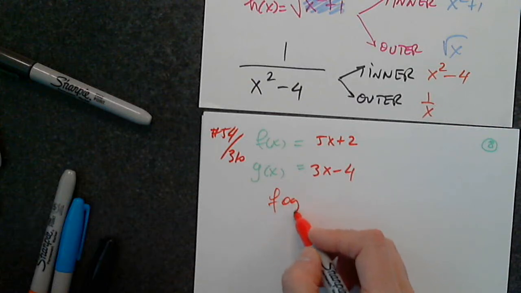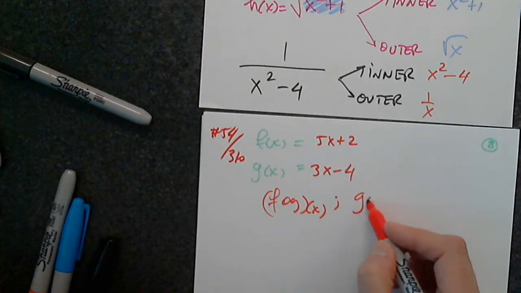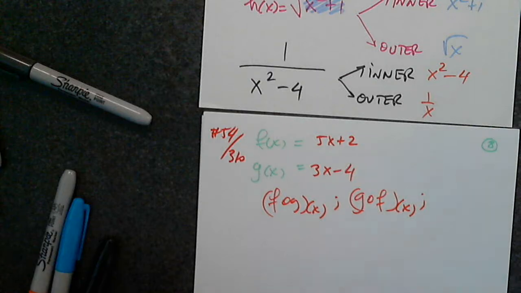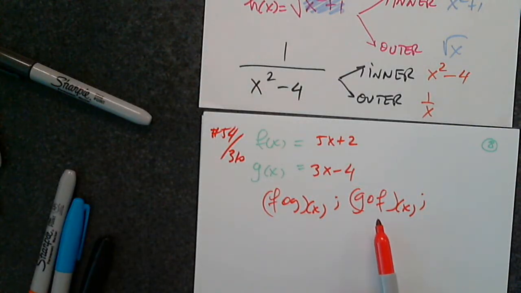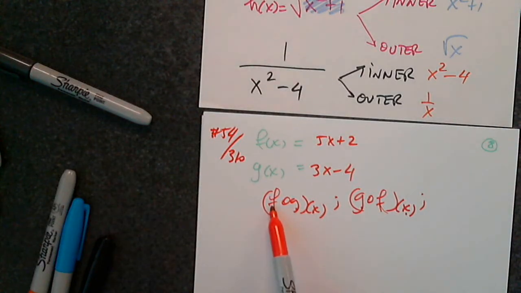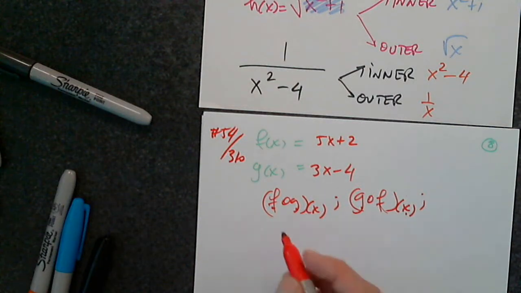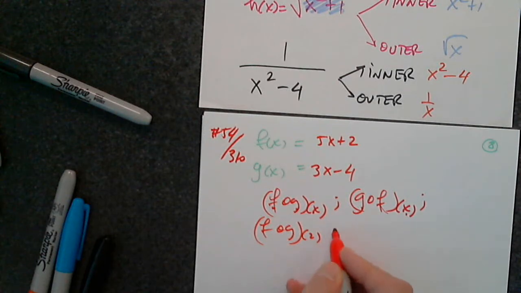They want f comp g of x. They want g comp f of x. Which is the inner function in g comp f? F of x is the first one. So f is applied first, and then g is applied second. So f will be the inner, g will be the outer. Here g is the inner, f is the outer. Okay, so they want f comp g of 2. And they also want g comp f of 2.